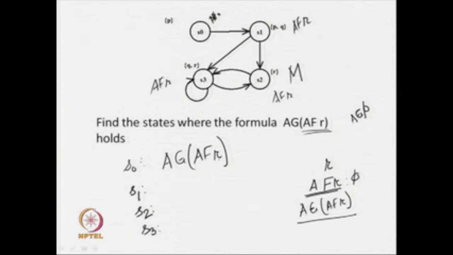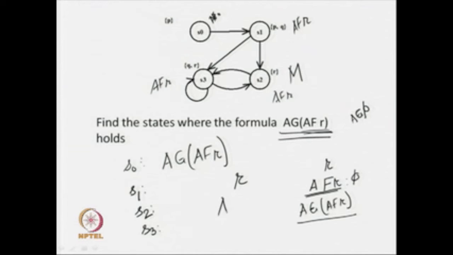So, when we are going to look for the truth values of a particular CTL formula, first of all we have to know the truth values of its subformulas. Basically, here if I consider this formula AG AF R, it has 2 subformulas. One is R, we must know the truth values of R in all states.